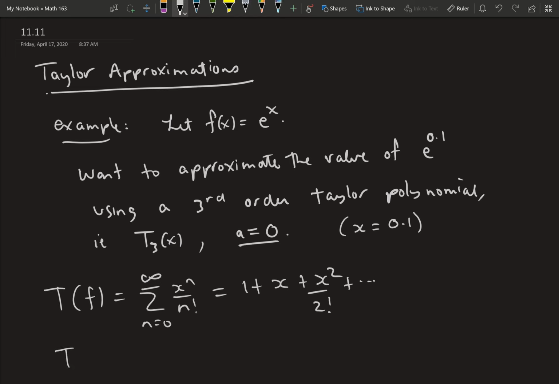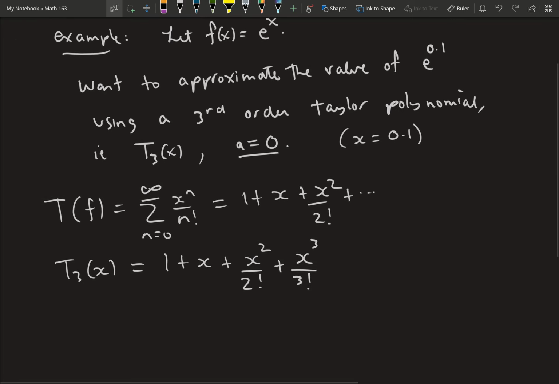So our T3 here is just up to the third degree term. Oops, should be 2 factorial here and 3 factorial. So this is T3.